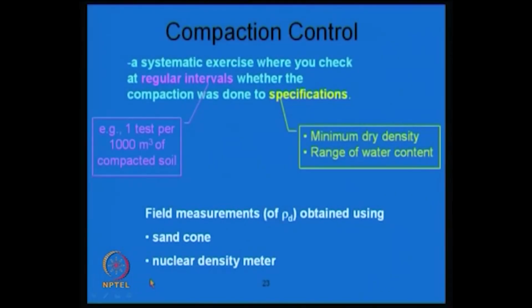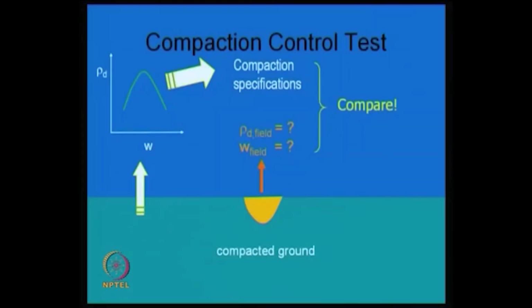In this, what we essentially need is that we try to measure the compaction, and you must be able to have good compaction control. This is essentially an exercise where you check whether the compaction is satisfactory or not at regular intervals, and the standard specifications could be, for example, one test per 1000 cubic meters of compacted soil, or on a national highway you should take one at 500 meters.